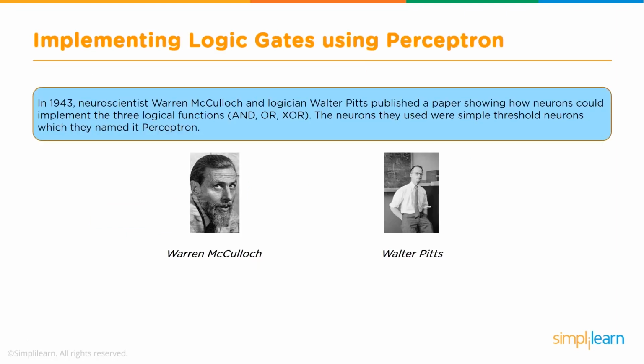Now in 1943, two scientists, Warren McCulloch and Walter Pitts, came up with an experiment where they were able to implement logical functions like AND, OR, and NOR using neurons, and that was a significant breakthrough in a sense.